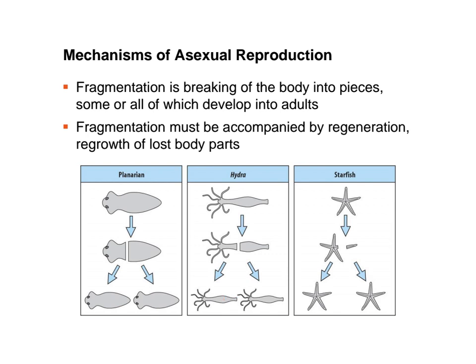So for example, when a starfish loses an arm, it's possible for the arm to develop into an entirely new organism. So fragmentation must be accompanied by regeneration and regrowth of the lost body parts. In addition to these animals, certain annelid worms are able to also reproduce by fragmentation.